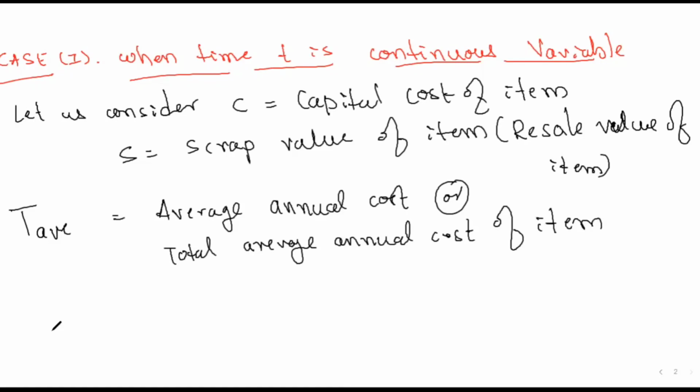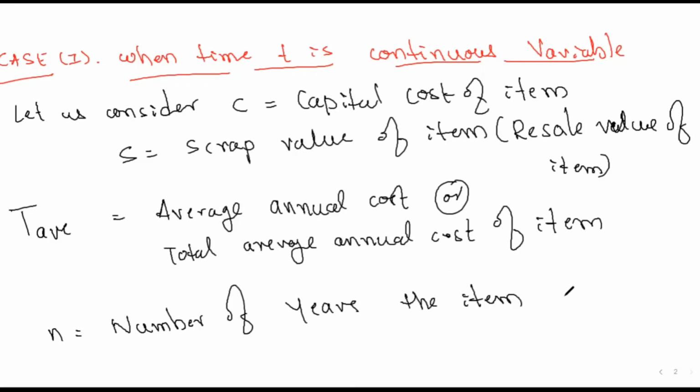The next terminology is n. Small n means the number of years the item is to be in use, that is, how many years that particular item is used.